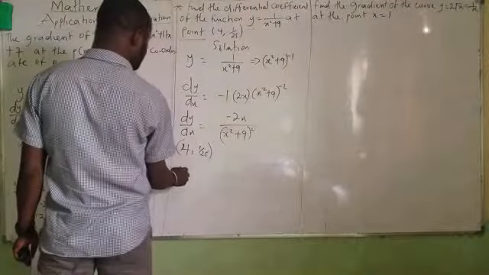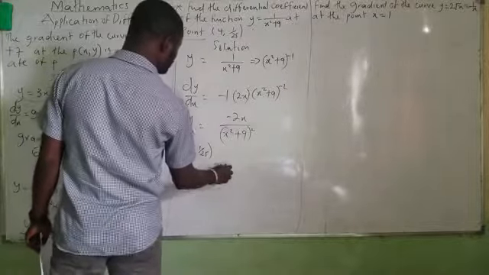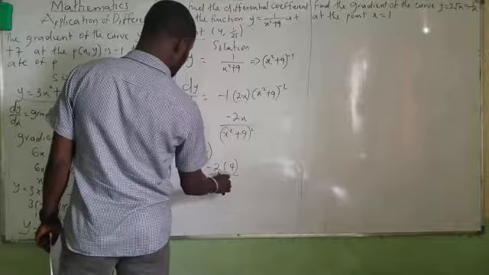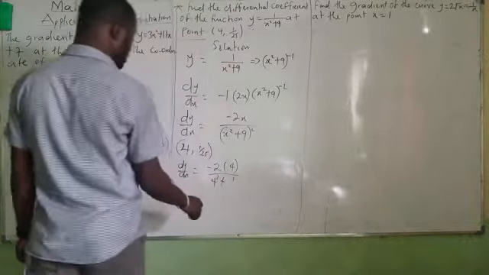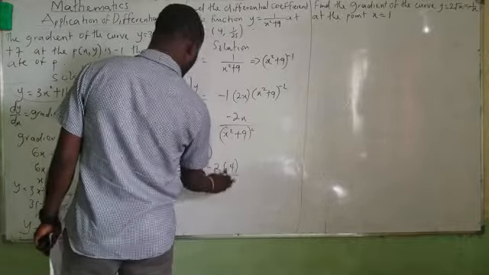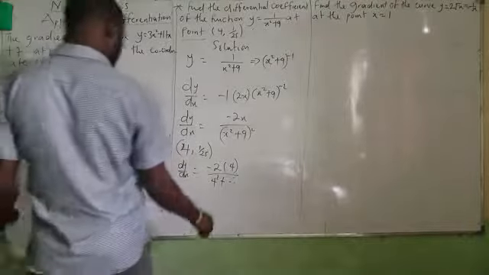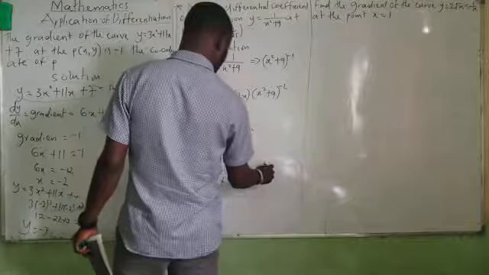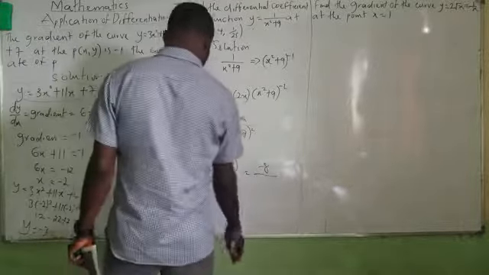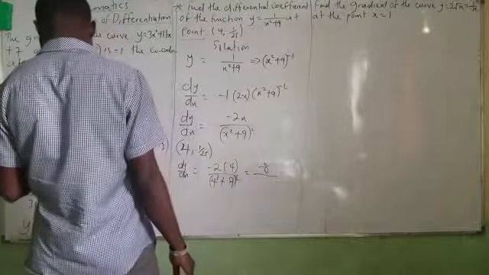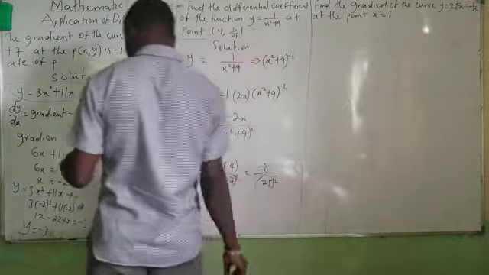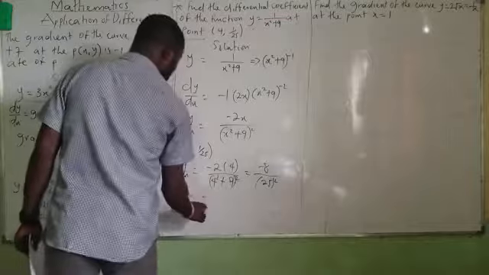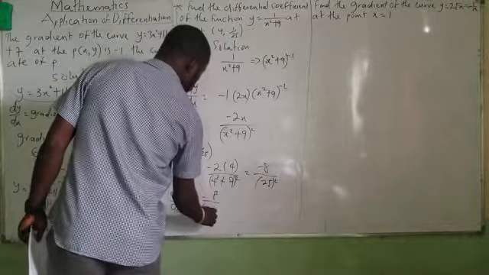It means dy/dx will be equal to minus 2 bracket of 4 divided by 4 squared plus 9 all squared, which I'll be having minus 8 divided by 4 squared plus 9, that is 16 plus 9, that'll be 25, that'll be 25 squared. 25 squared will also be the same thing as 625. My dy/dx will be equal to minus 8 all over 625.